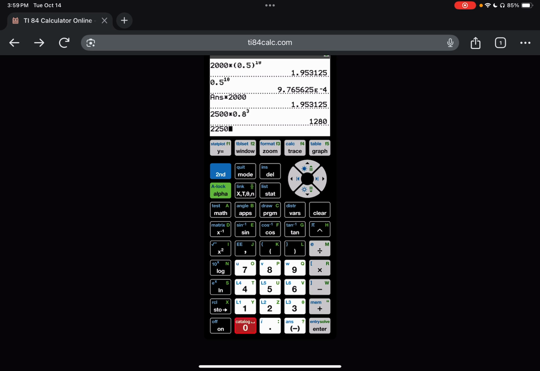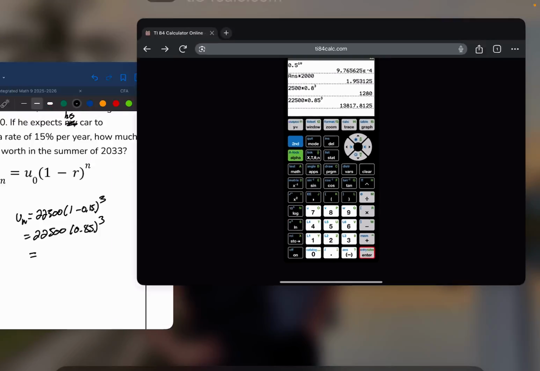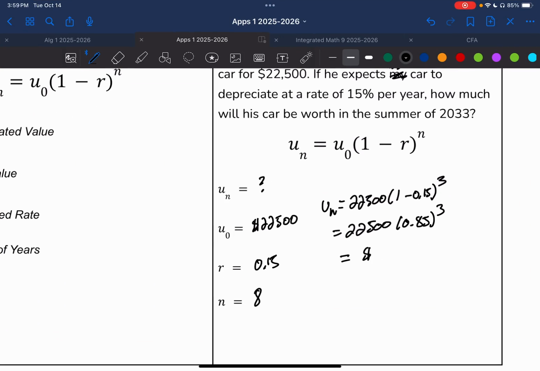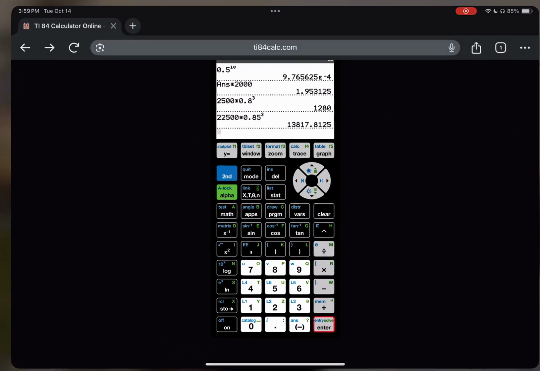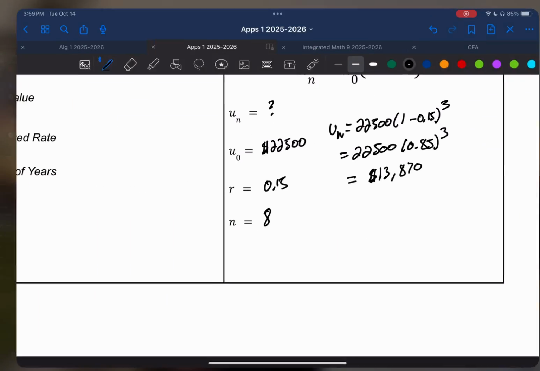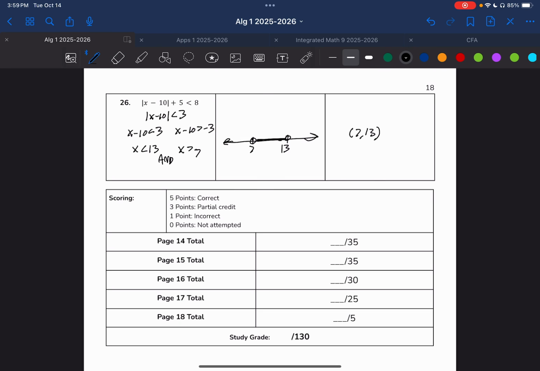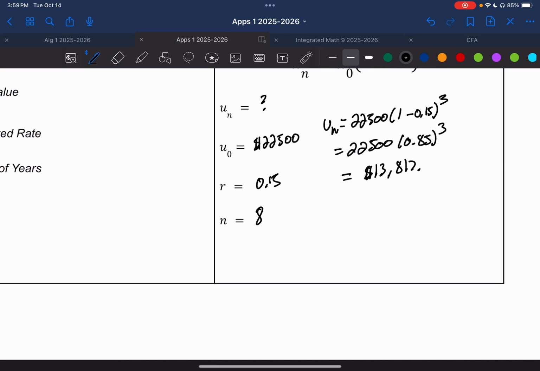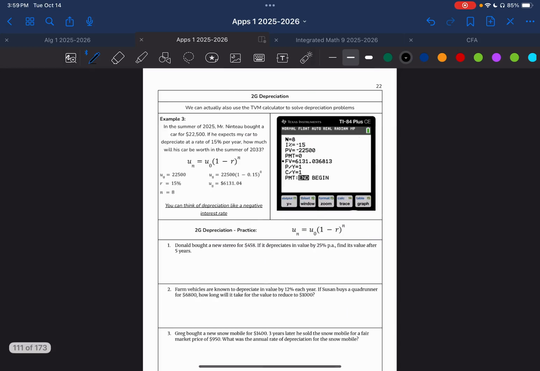That is $13,870.17. That's going to be the value of the car after 8 years.